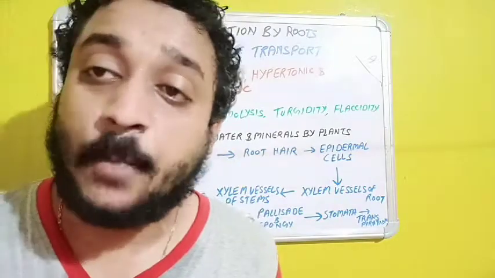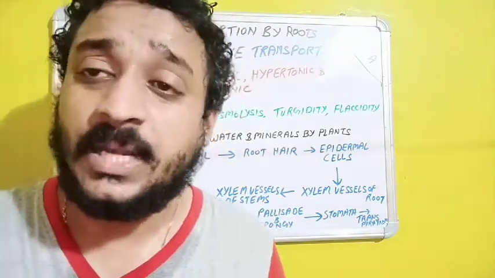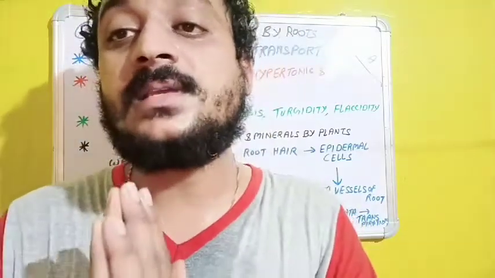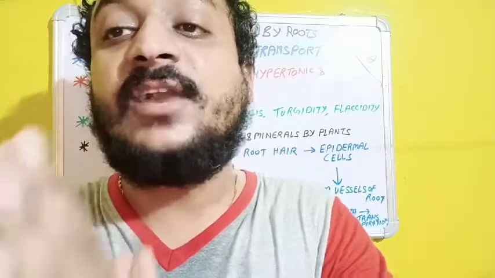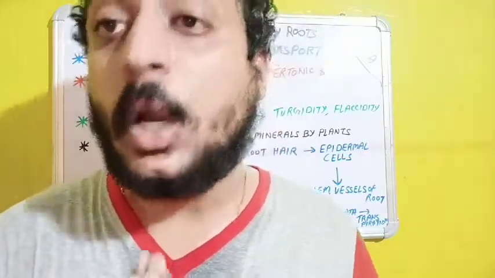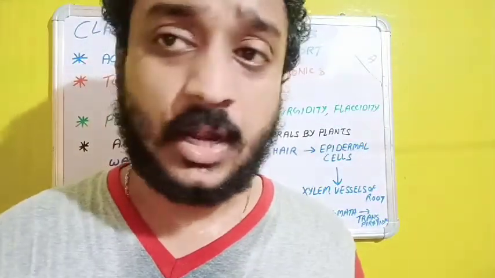Now, our next topic is root pressure. What is root pressure? Root pressure develops when there is huge metabolic activity taking place in the plant. Of course, throughout its whole life, the plant will grow and needs metabolic activity. What is metabolic activity or metabolism?